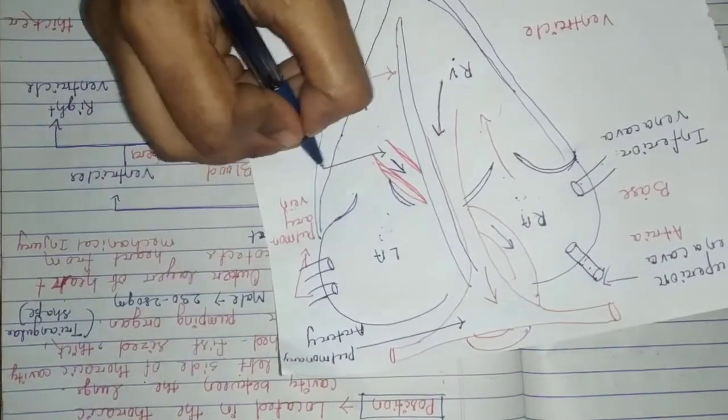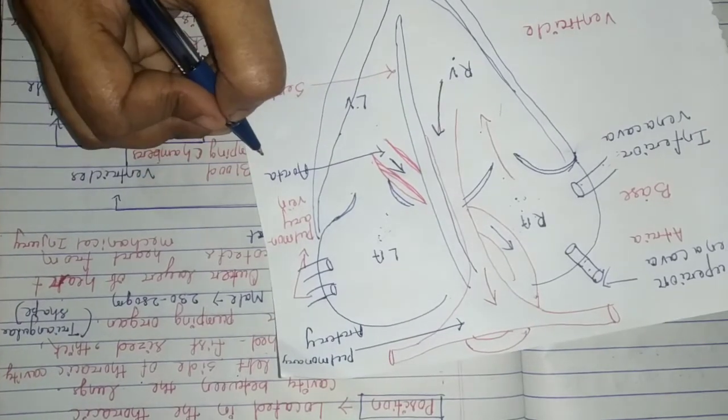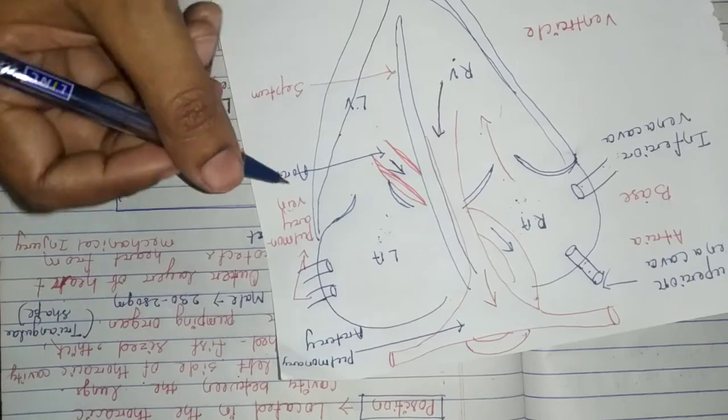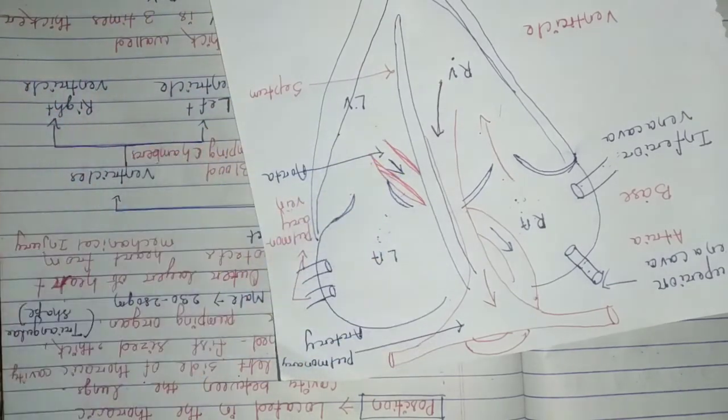Aorta is the largest artery of the human body. So through the aorta, the oxygenated blood moves towards all the body parts, towards all the cells.